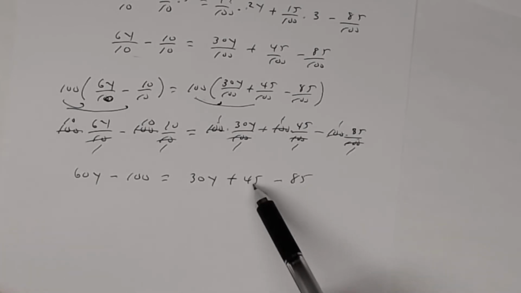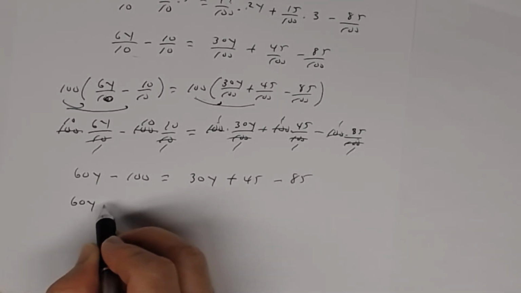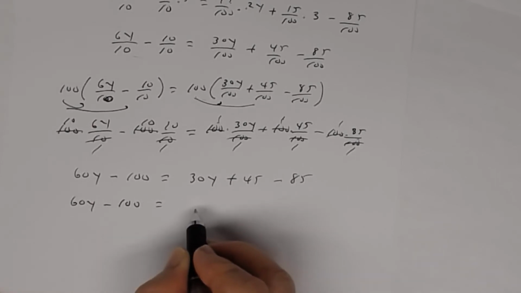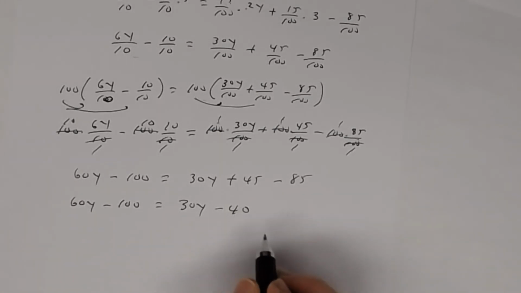Now on this side, I can combine these two terms. So I get 60y minus 100 equals 30y, and then 45 minus 85, which is negative 40.